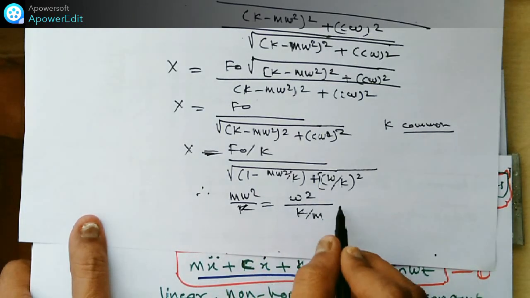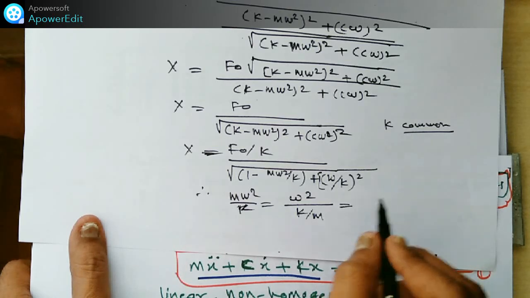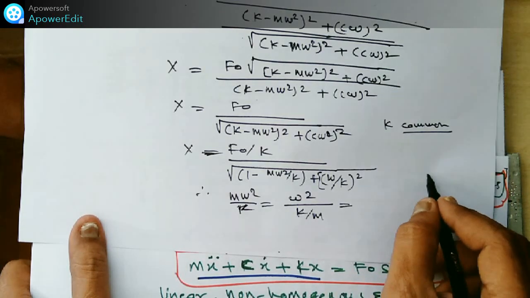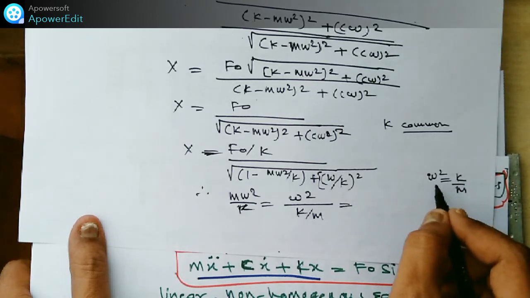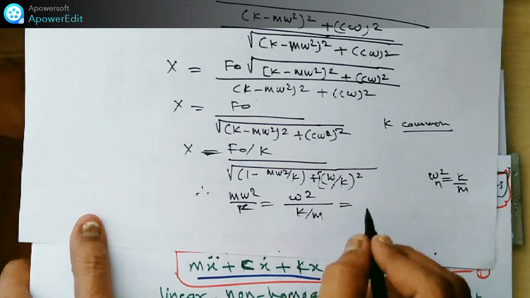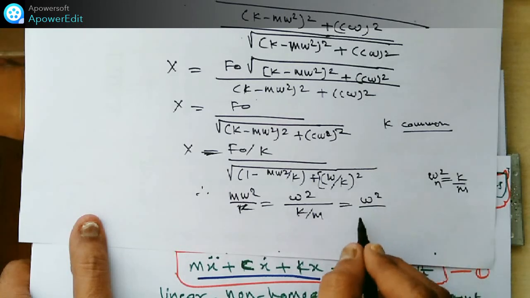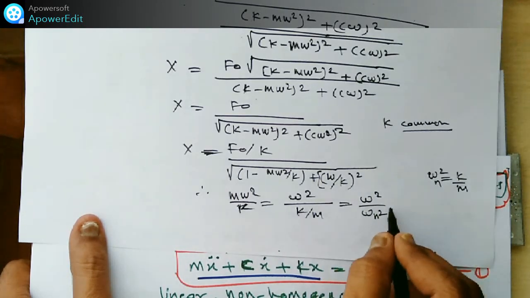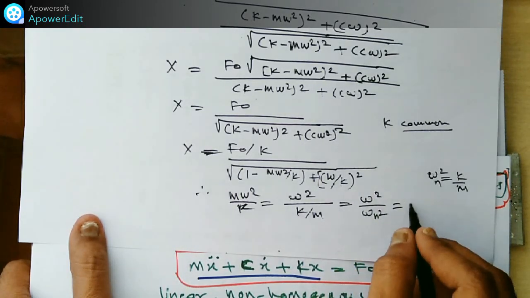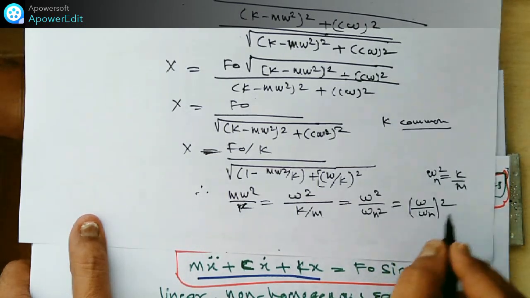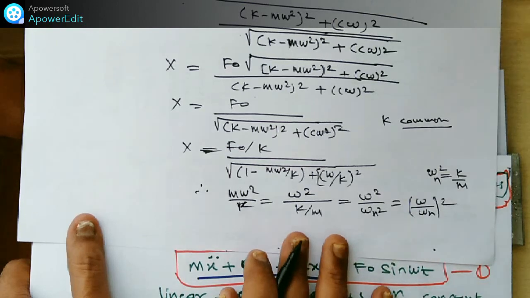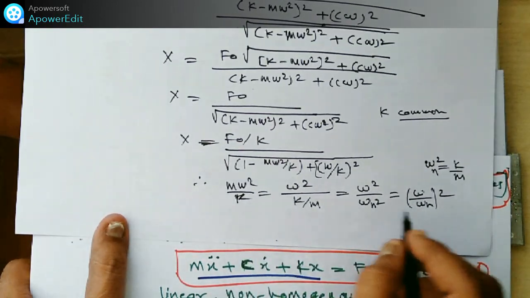This k by m is nothing but the natural frequency omega n square. So it is omega square upon omega n square, which you can also write as (omega by omega n) bracket square.